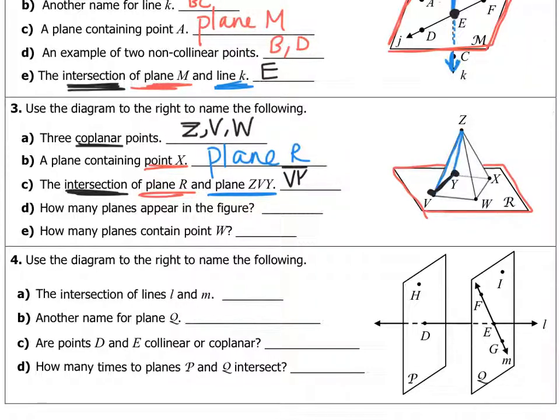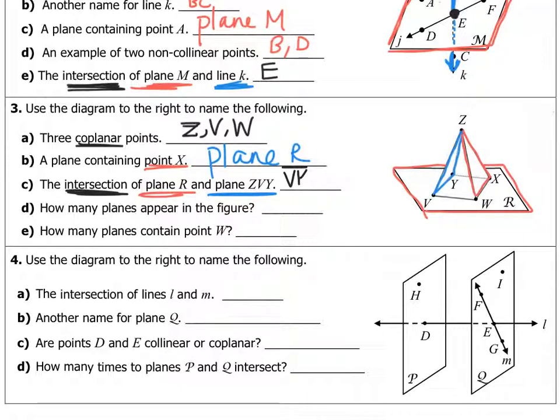For 3D, how many planes appear in the figure? Well, if I look at my figure, I can see that I have already highlighted 2 planes, plane R and plane ZVY. I can also identify another plane. This is plane ZXW.